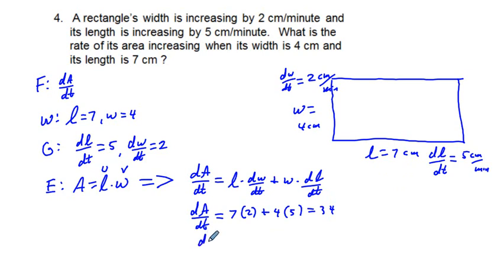So dA dt is equal to 34, and it's going to be square centimeters per minute. So that's it. A couple of related rates problems, pretty classic type problems.